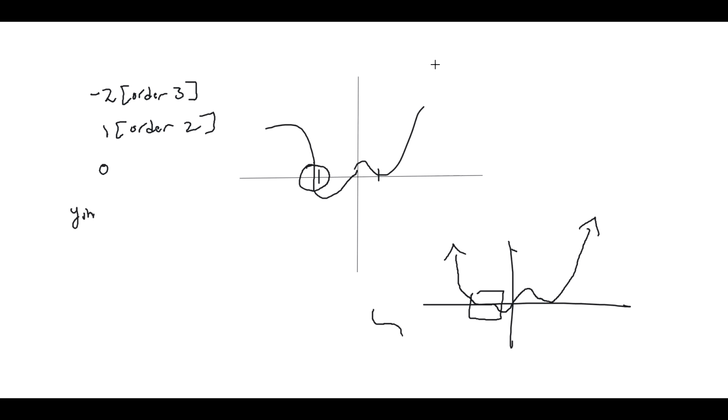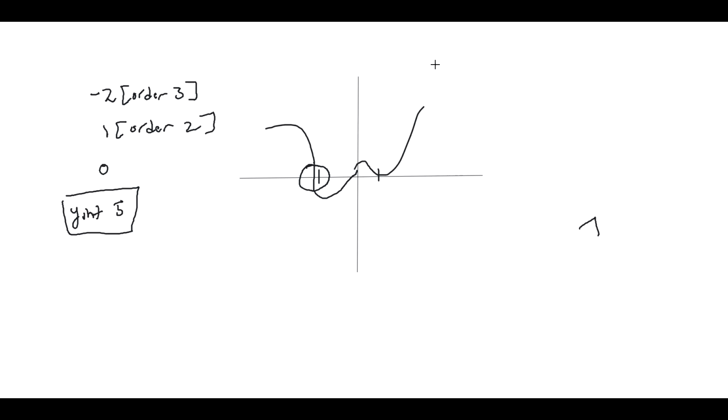It has a y-intercept at 5. Can you tell me what's the equation of this function? To find the equation, write it down in factored form, flip the signs, give them their orders, and plug x as 0, y as 5.